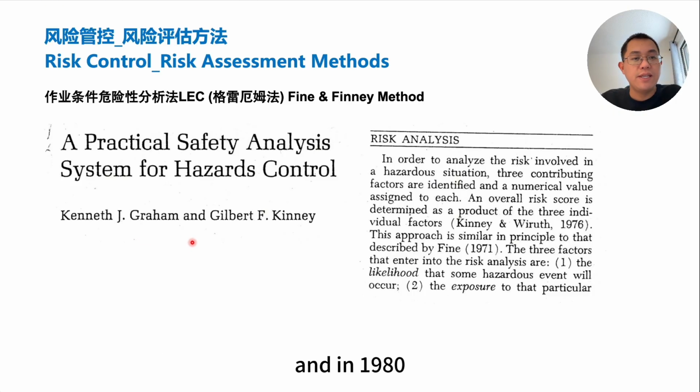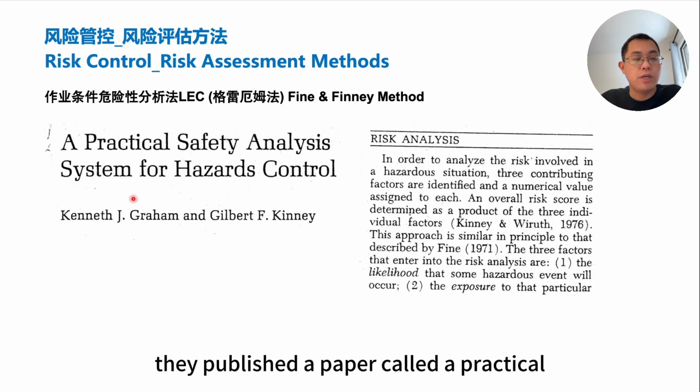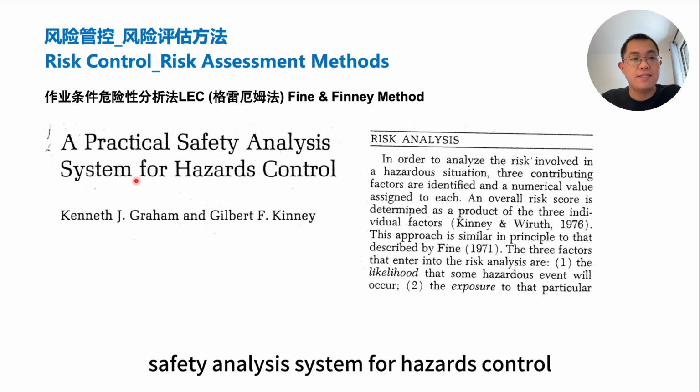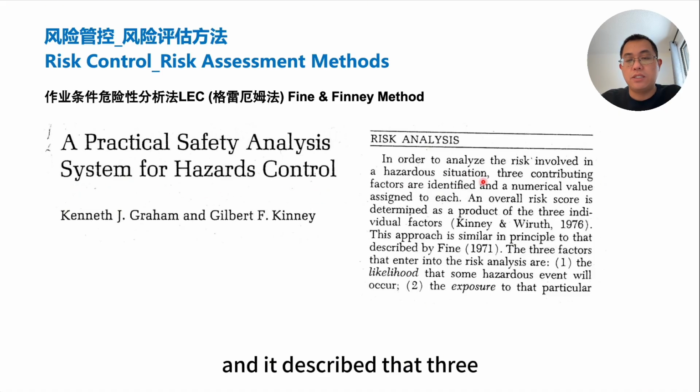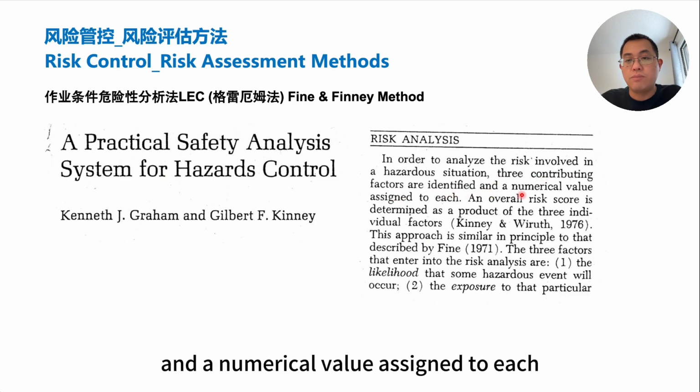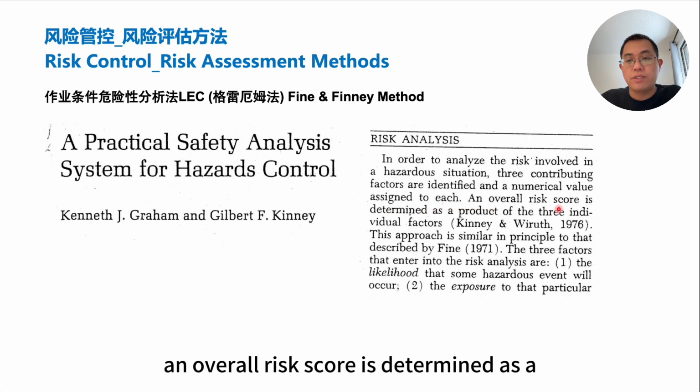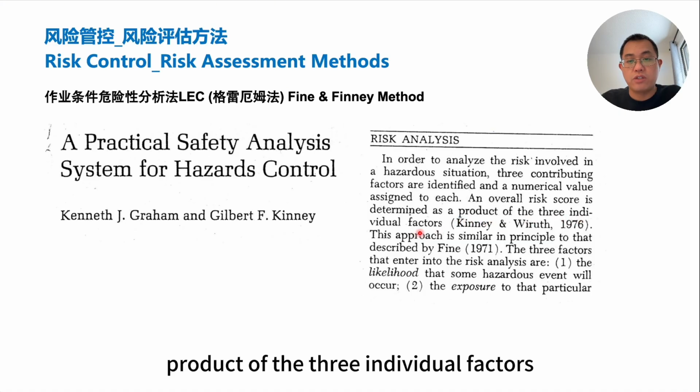And in 1980, they published a paper called A Practical Safety Analysis System for Hazards Control. It described that three contributing factors are identified and a numerical value assigned to each. An overall risk score is determined as a product of the three individual factors.